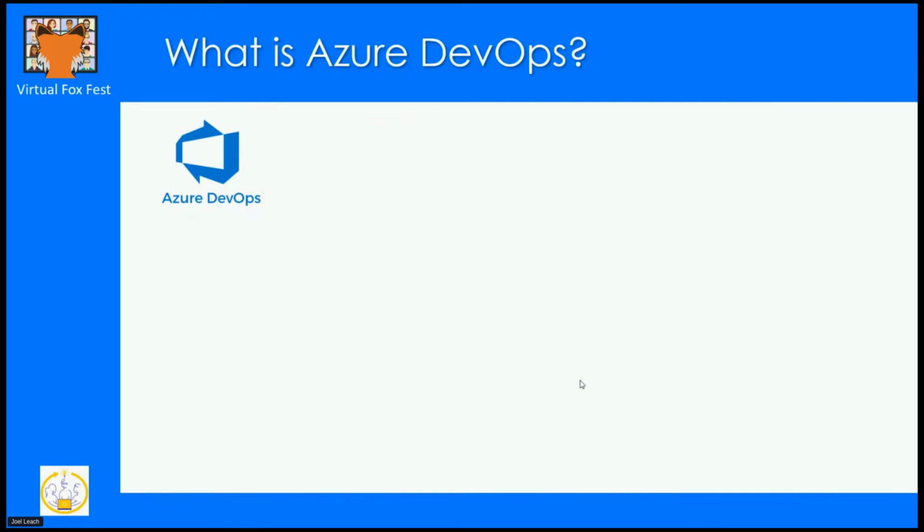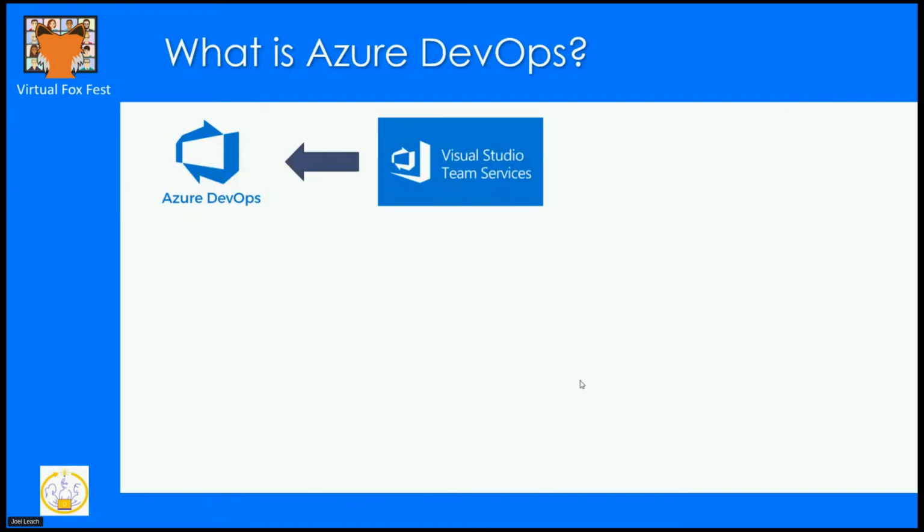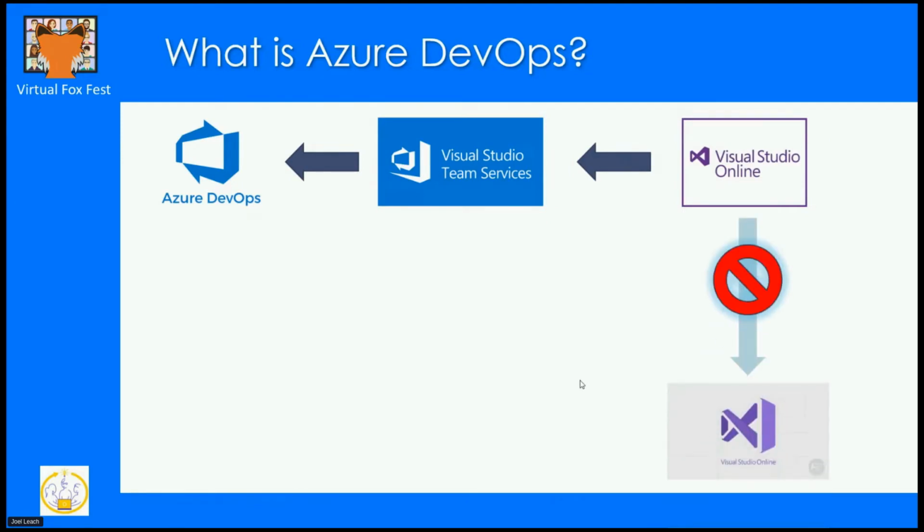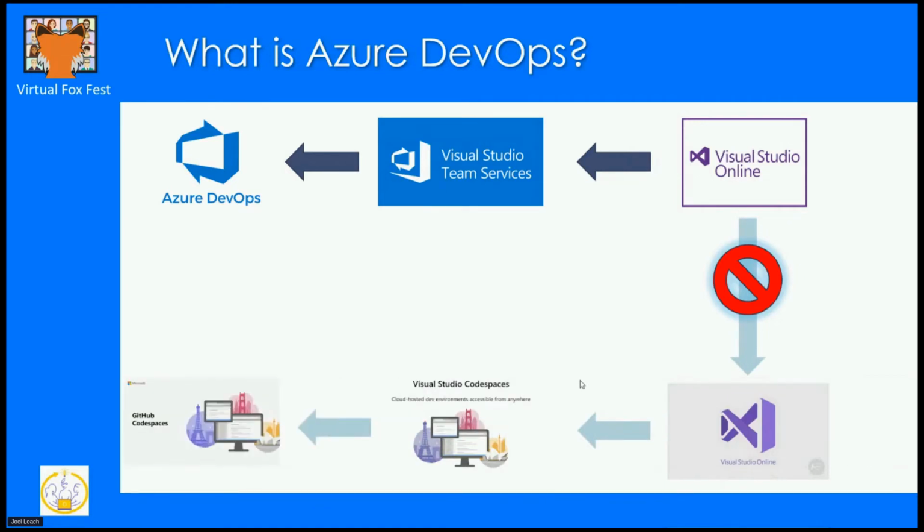Well, Azure DevOps is a service from Microsoft, formerly known as Visual Studio Team Services, formerly known as Visual Studio Online, not to be confused with a different service that was named Visual Studio Online before it was renamed to Visual Studio Codespaces and then merged with GitHub Codespaces. But I digress. Visual Studio Online was the online version of Team Foundation Server.